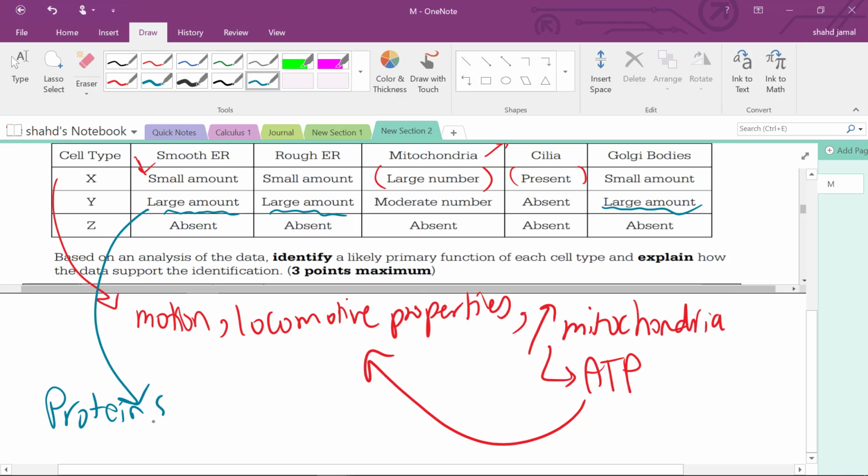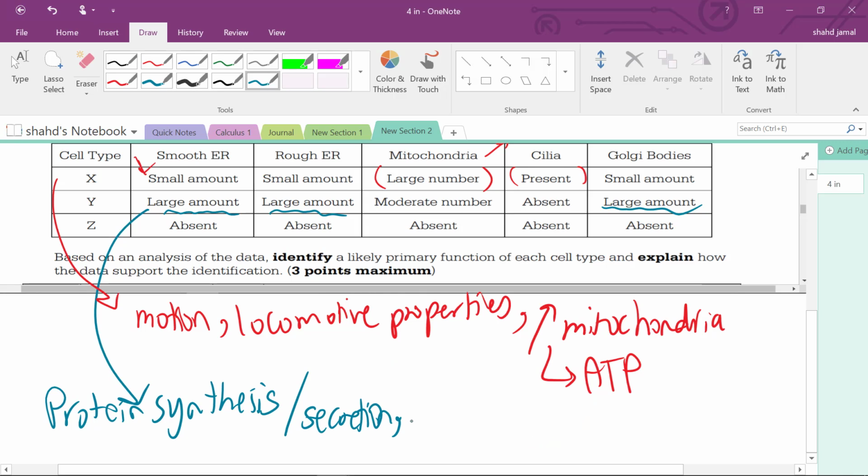So we know that this cell is responsible for synthesizing proteins and packaging them, secreting them, all that. So protein synthesis, secretion of hormones, or secretion and exocytosis in general.